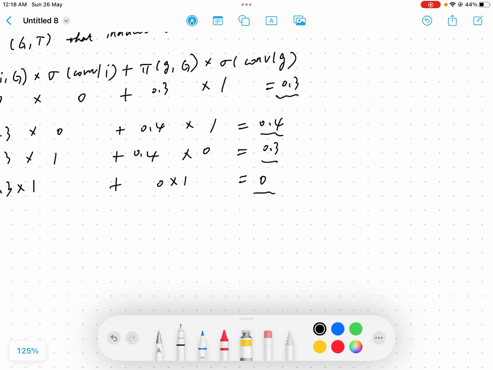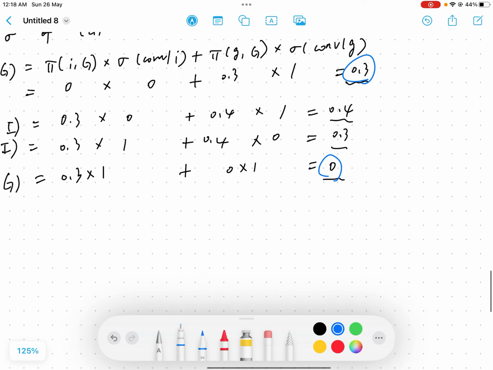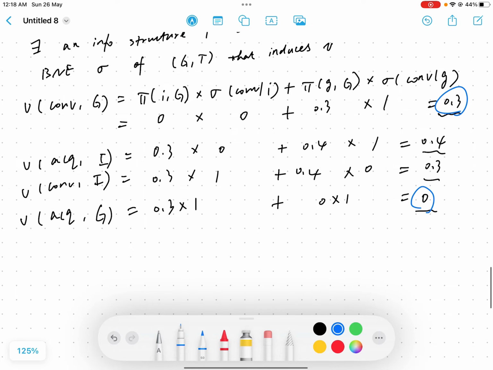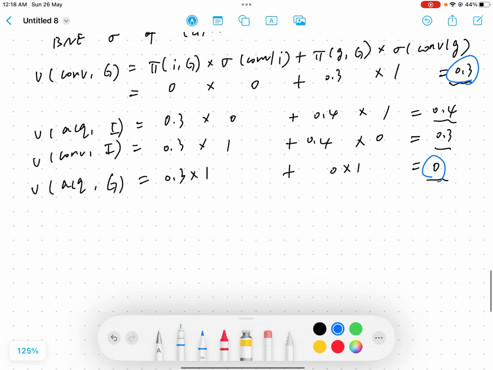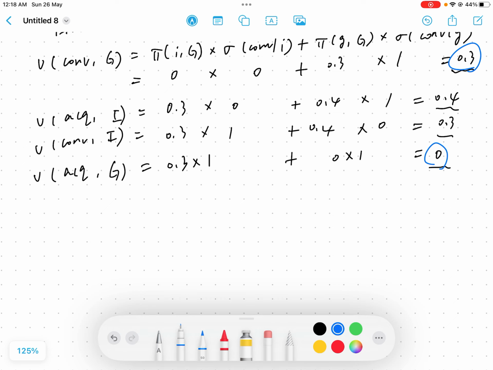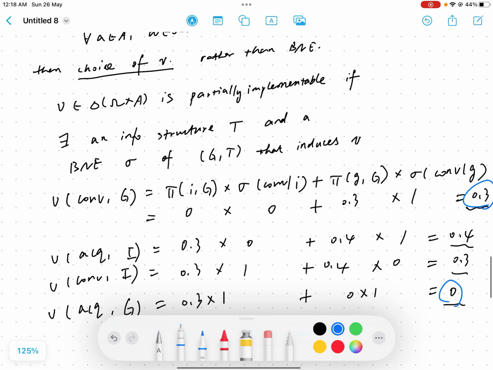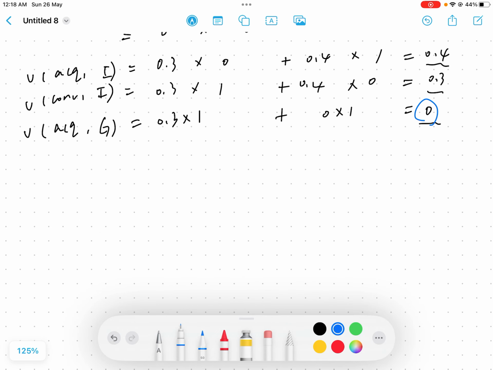Here we can notice that 0.3 plus 0 is 0.3, which is the prior of the big G. That is also the marginal distribution of the V on the big G, because we sum over all the actions given the state is big G. So that's a very simple example for us to verify that.